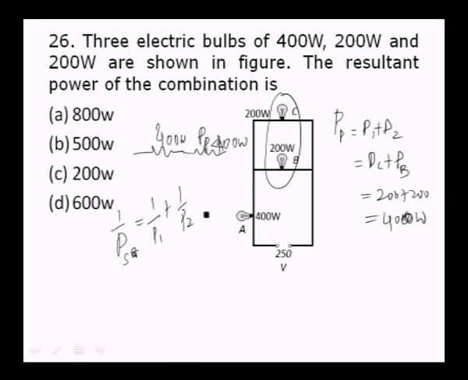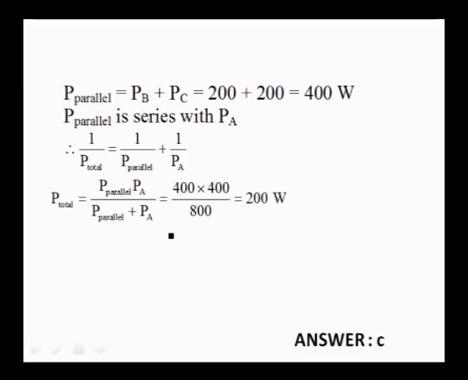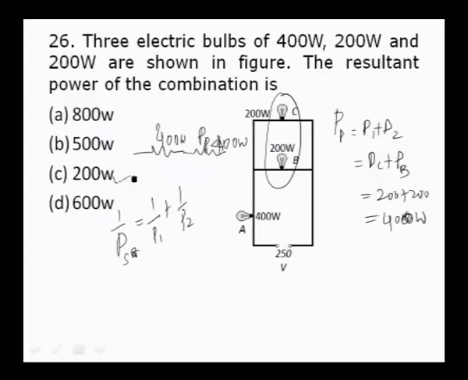Okay, using this formula, we can calculate like this, that is P total is equal to P parallel into PA, 400 into 400 divided by 800, okay, these two zeros are cancelled. 4 into 400 is 1600 divided by 8, or else you can simplify, that is 400 divided by 2, which is equal to 200 watt. Therefore, the correct option is 200 watt.